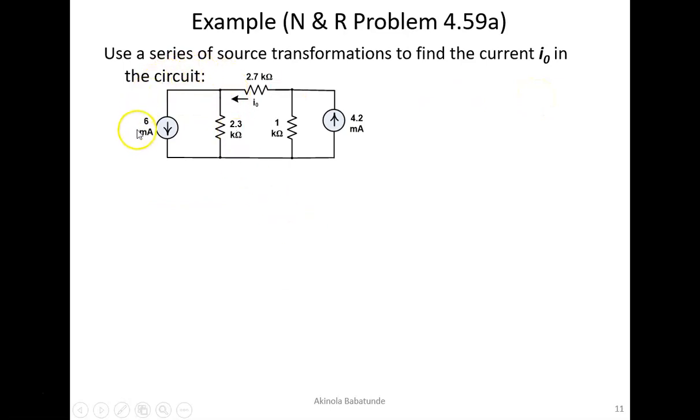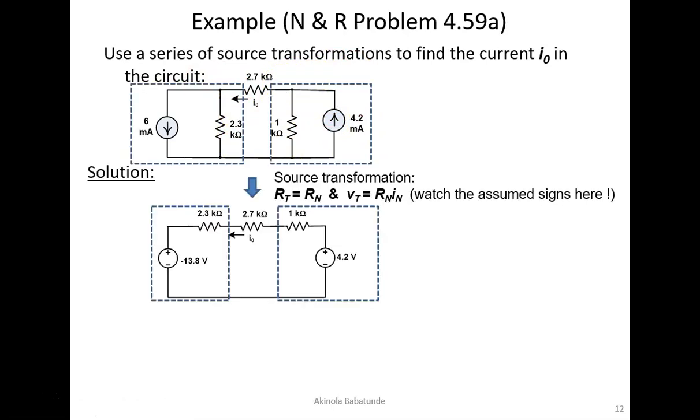First of all, you want to isolate the left-hand side of the circuit and the right-hand side of the circuit. If you do that, this is what you will have. So you can see that when you isolate this particular side of the circuit, you can see this here, and then you can see this here. So you want to ask yourself, after isolation, what next should you do?